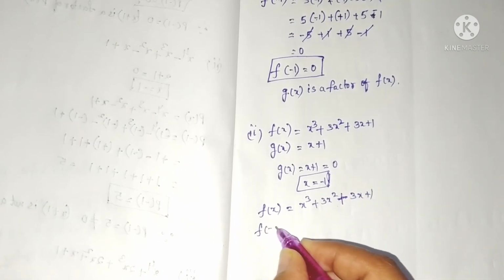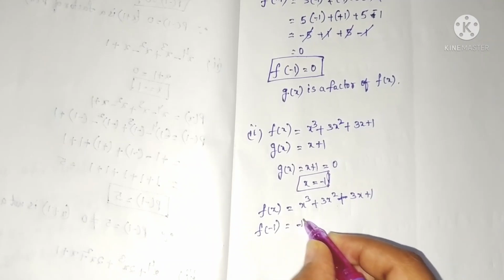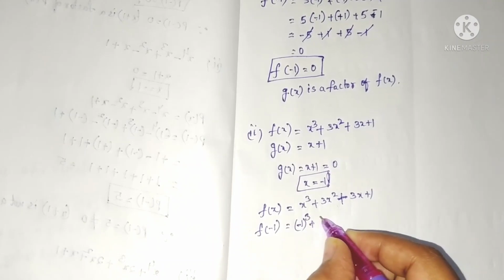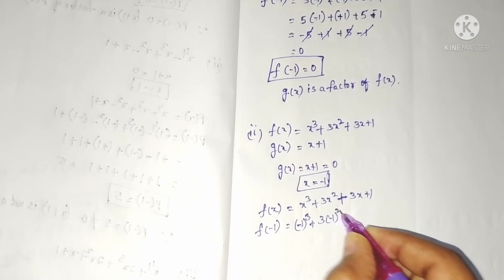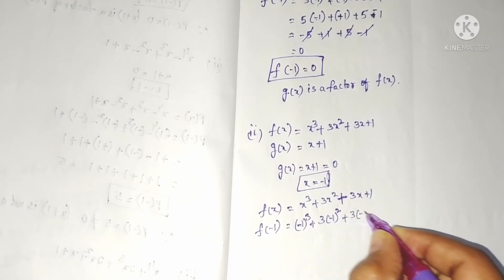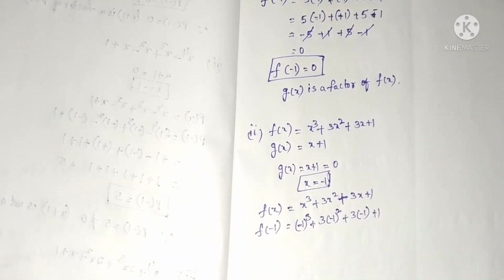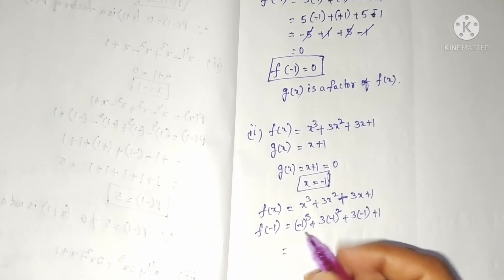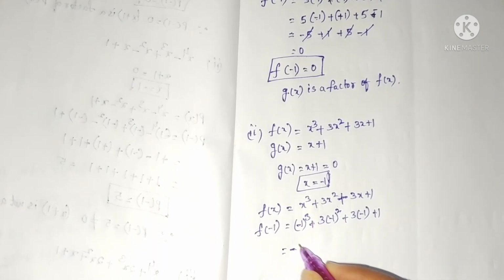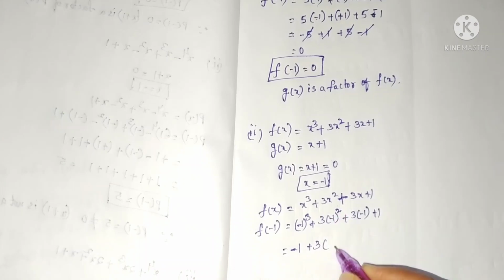So f of minus 1: minus 1 whole cube plus 3 into minus 1 square plus 3 into minus 1 plus 1. Minus 1 whole power odd number will be minus 1. Minus whole power even number will be plus 1.